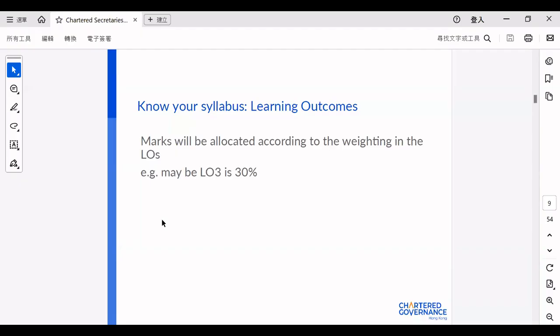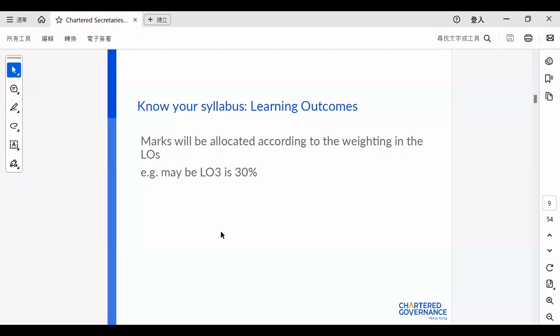The marks will be allocated according to the weighting of the learning outcomes. For example, if the weighting is 30%, then around 30% of the 150 marks will be on, say, learning outcome number 3, which is by far the largest topic.